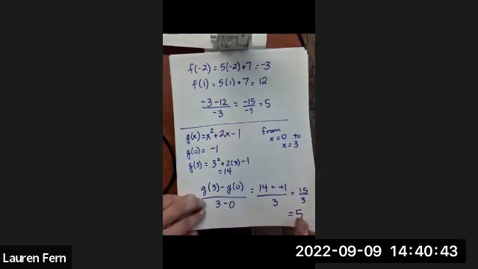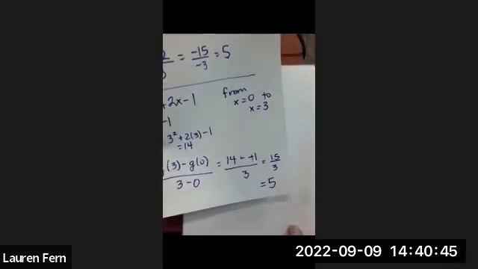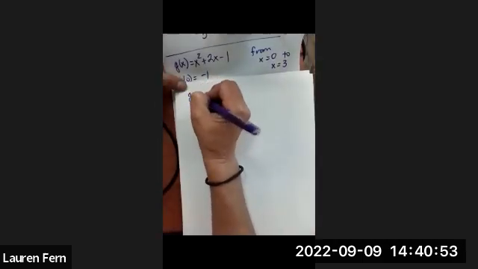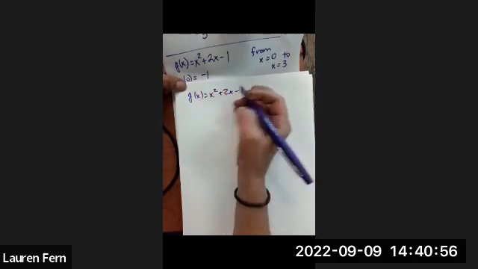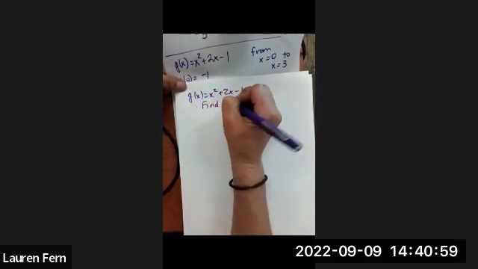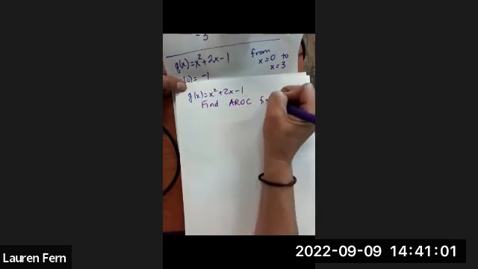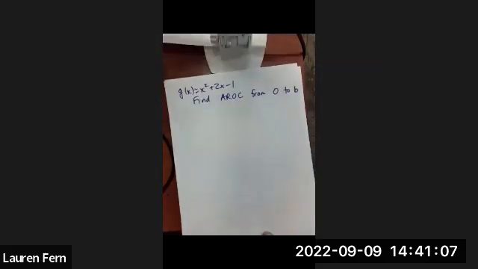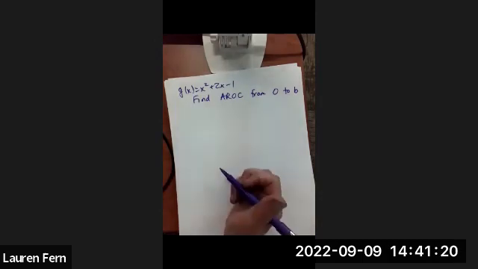Okay. What if I take my same function here, but now I'll just rewrite it. Now let's find the average rate of change from 0 to b. All right.